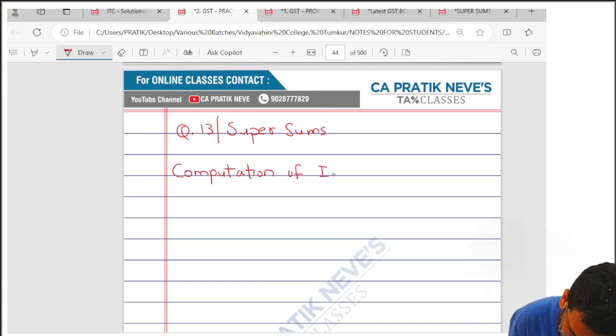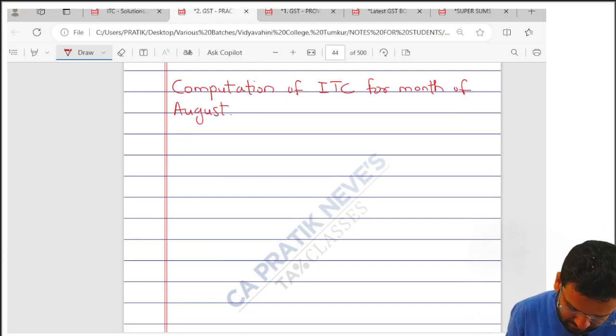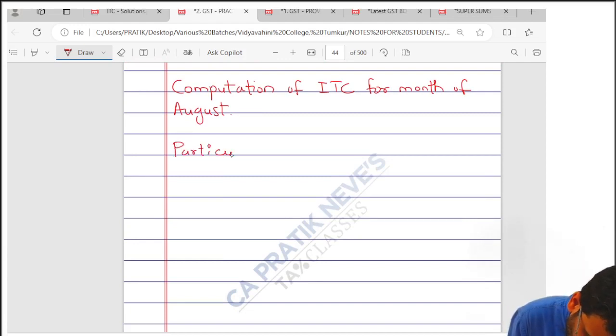Computation of ITC for month of August. Okay. Particulars, IGST, CGST and SGST.